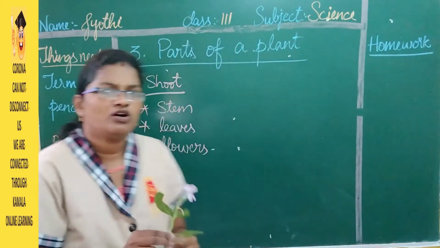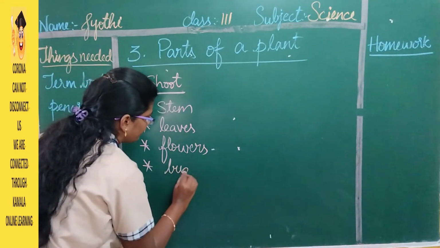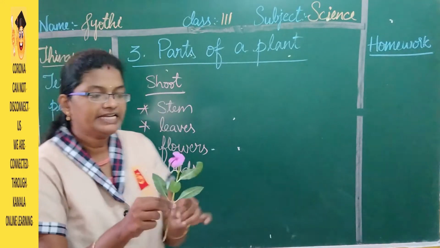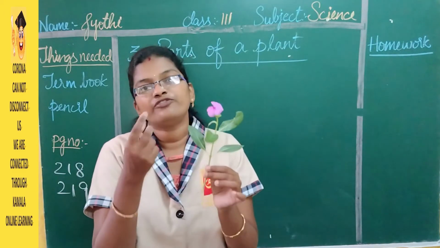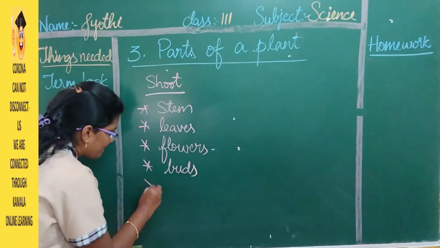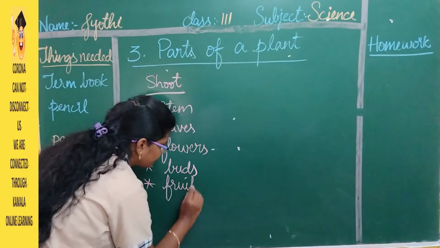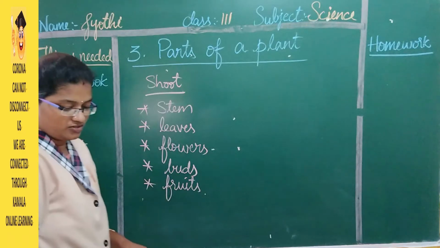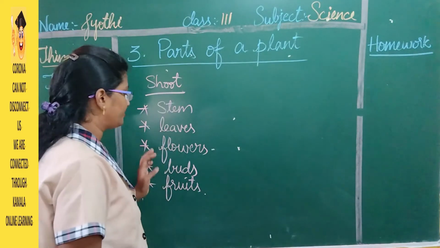Small flowers are called buds. And later these flowers are going to change into fruits. So these are the main parts of the shoot system.